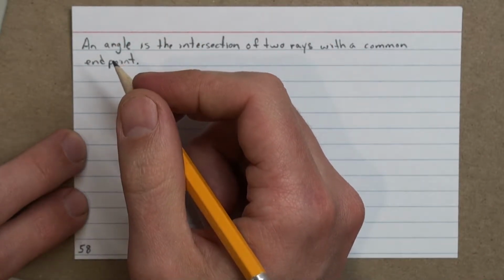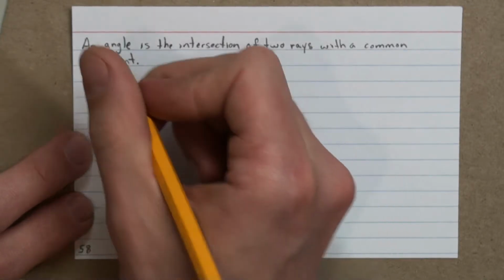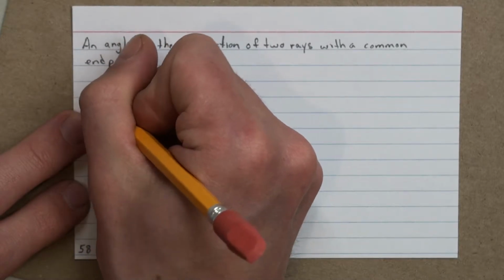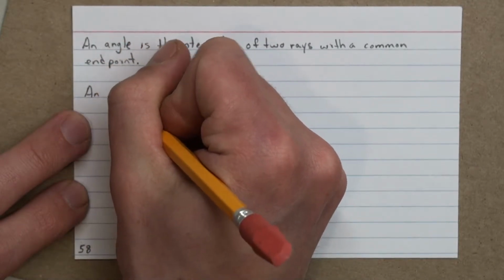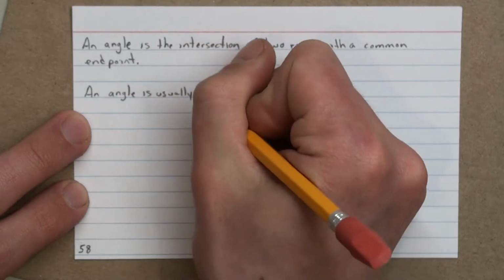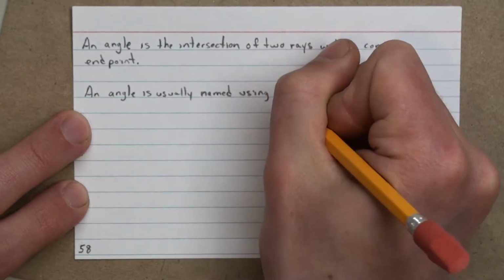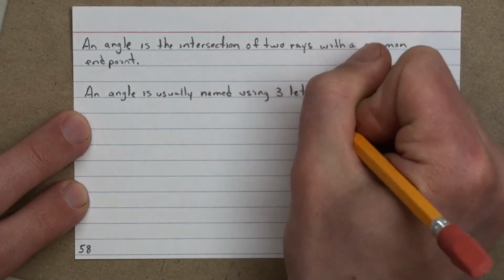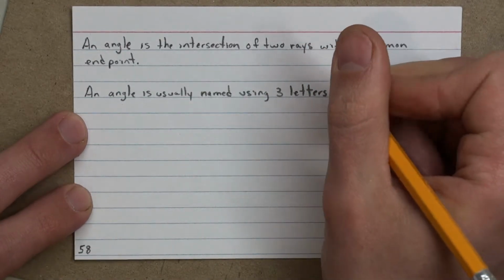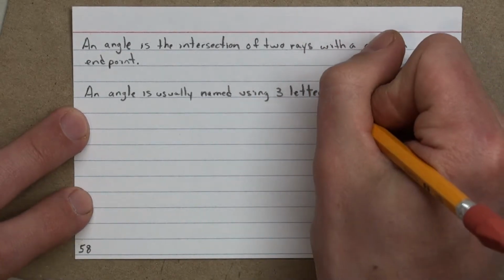An angle is usually named using 3 letters, where the middle letter corresponds to the vertex of the angle.